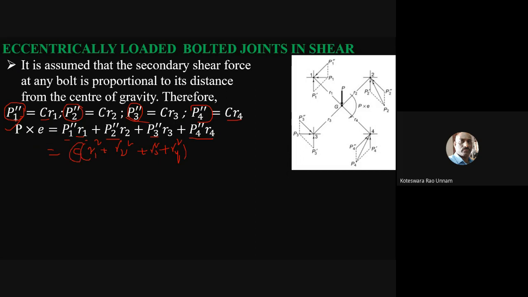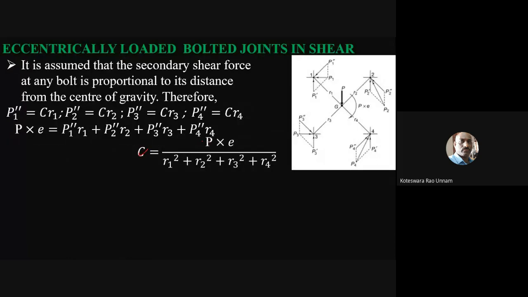Once I know C, I know the R values, so I can calculate P1 double dash, P2 double dash, P3 double dash, as well as P4 double dash. If I bring the quantity R1 square plus R2 square plus R3 square plus R4 square to the other side, then I can write an expression for C. That is nothing but P into E divided by R1 square plus R2 square plus R3 square plus R4 square.